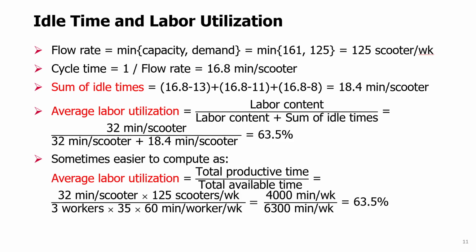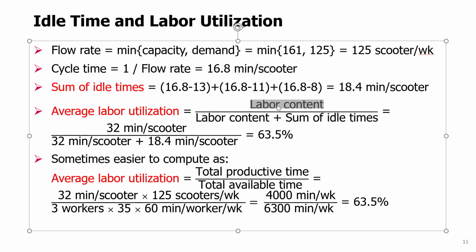It might be easier to compute this average labor utilization as total productive time divided by total available time. We can calculate, for example, total productive time in a week and total available time in a week. We work 32 minutes for every scooter, and every week we produce 125 scooters.